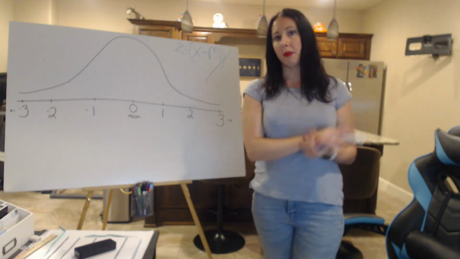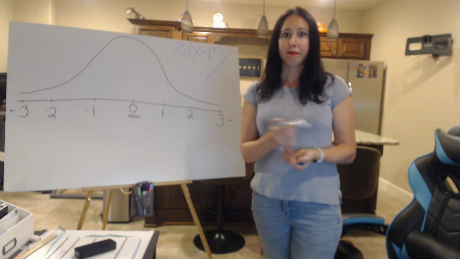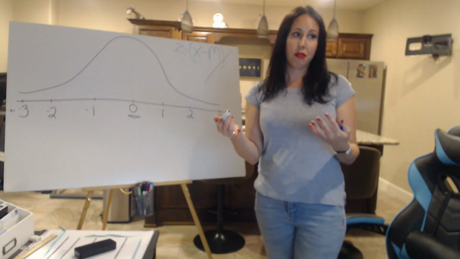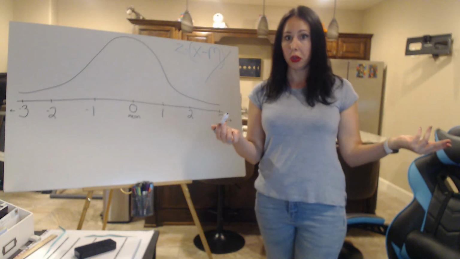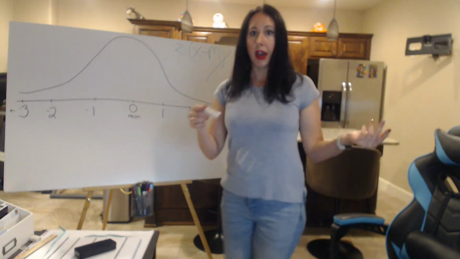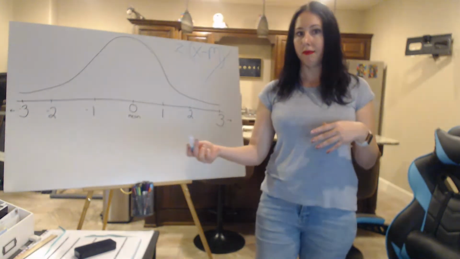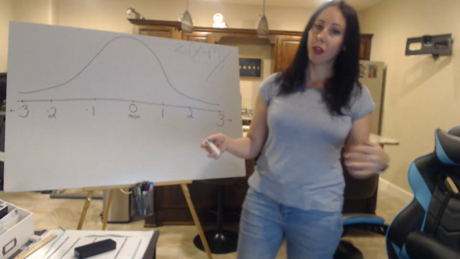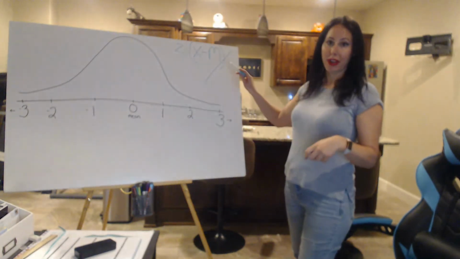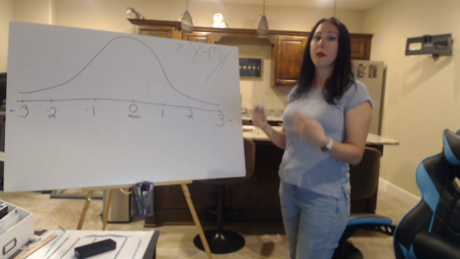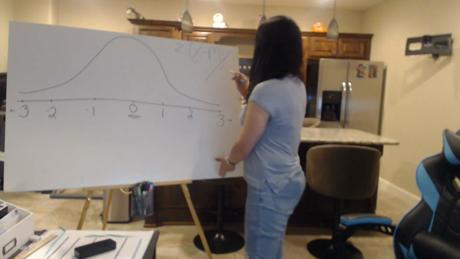Because to return to an example we used last week, if I scored 10 points higher than the mean, but the standard deviation was a 2, that means I'm 5 steps away, right? If I scored 10 points away and the standard deviation was a 10, I'm 1 step away. And that's exactly the last step of this process: we divide by the standard deviation. How many standard deviations away am I?